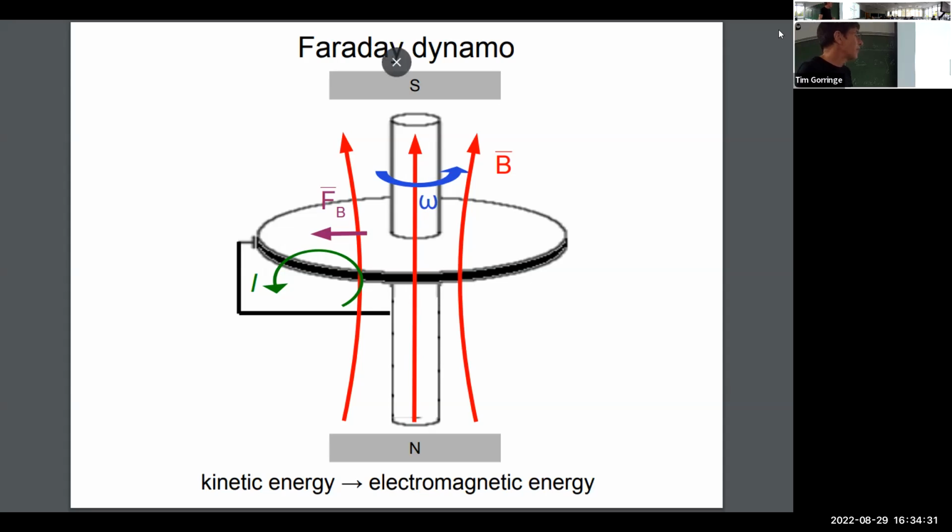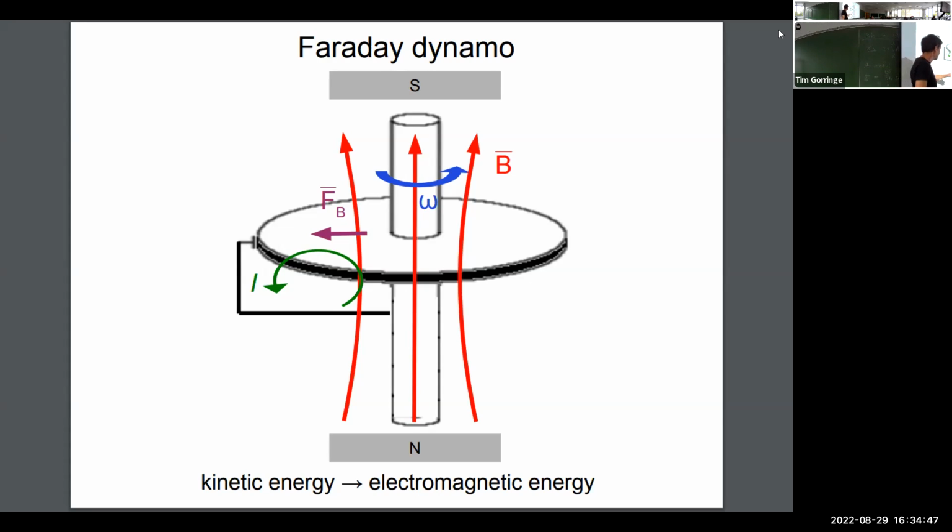So on here, this is the first man-made dynamo, and you've probably seen this in an introductory general physics class. This is Michael Faraday's dynamo that he built.